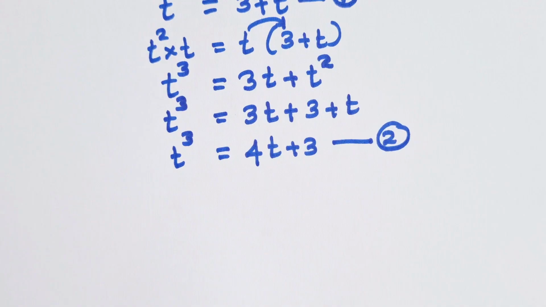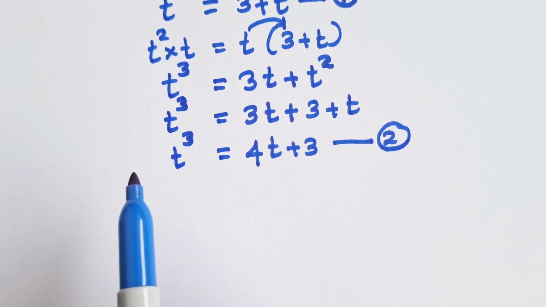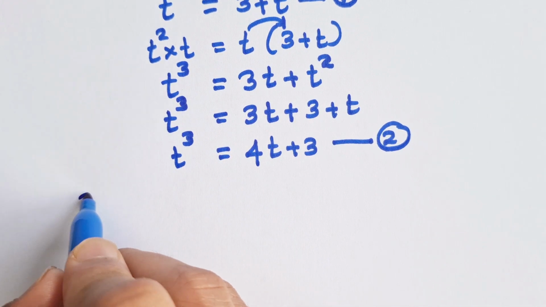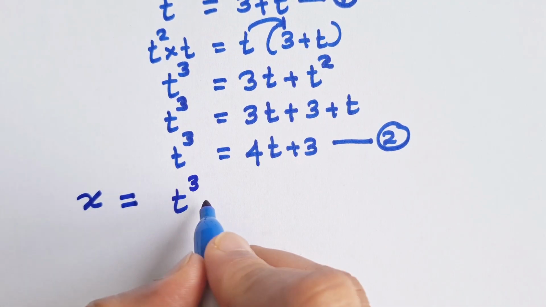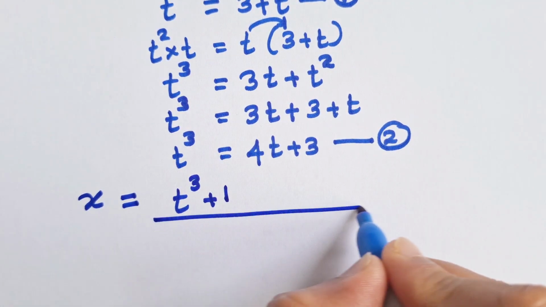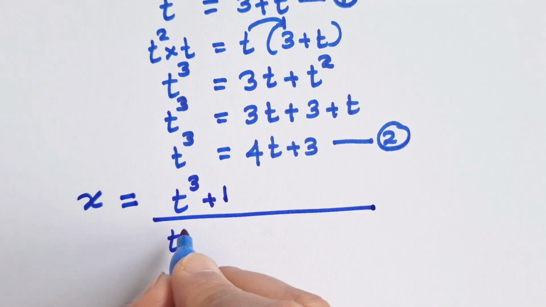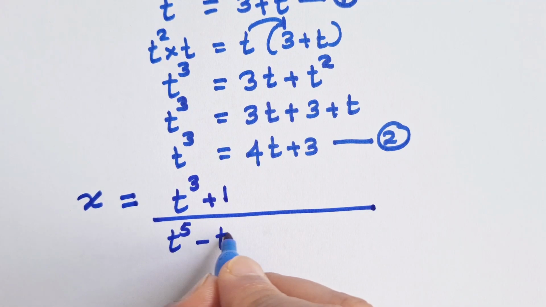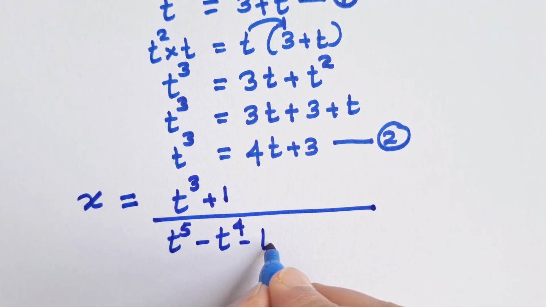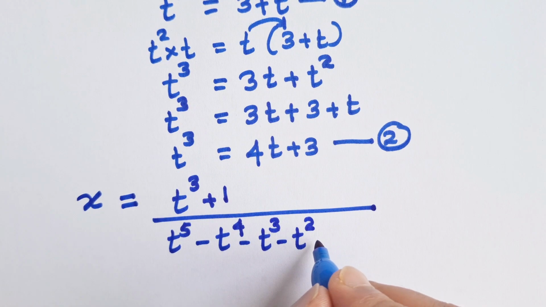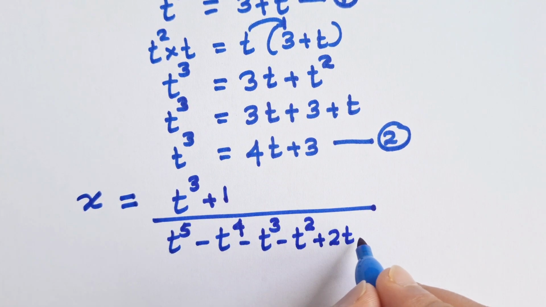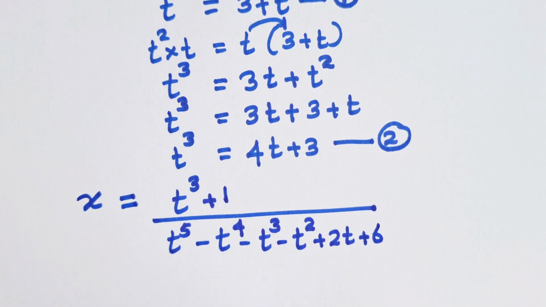Then I am not going to find t to the power 4 and t to the power 5. Instead of that, I am going to factorize the given expression. It is x equals t to the power 3 plus 1 over t to the power 5 minus t to the power 4 minus t to the power 3 minus t to the power 2 plus 2 times t plus 6.